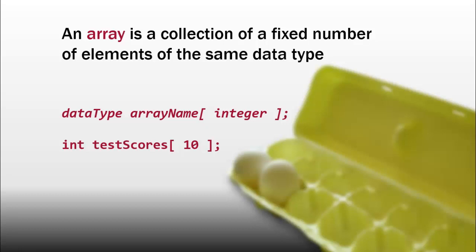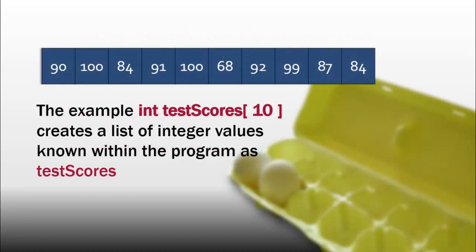So in the case of the example you see before you, we are going to create an array of integers. It will be known by the identifier test scores, and it will contain 10 integers.